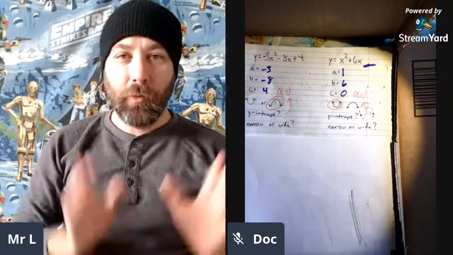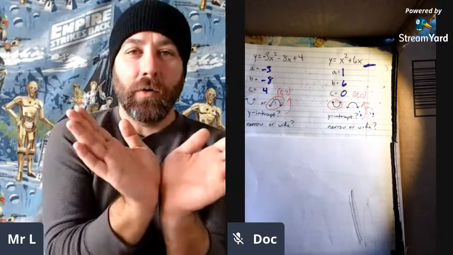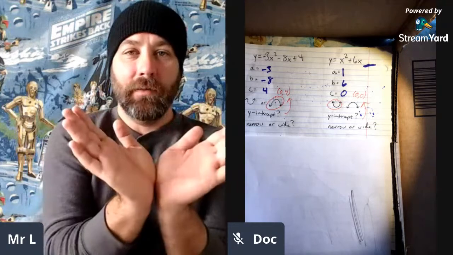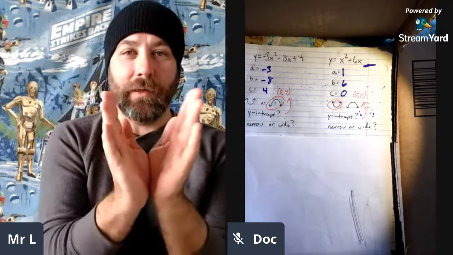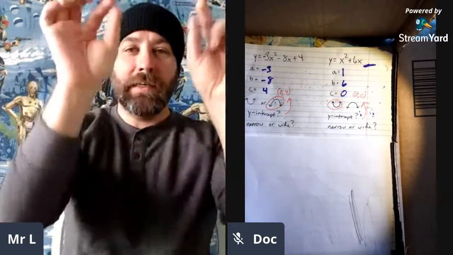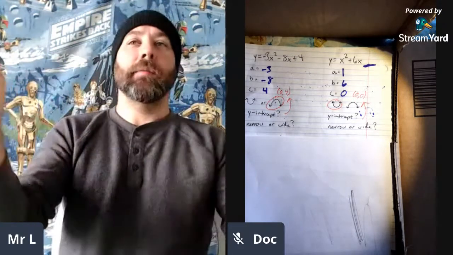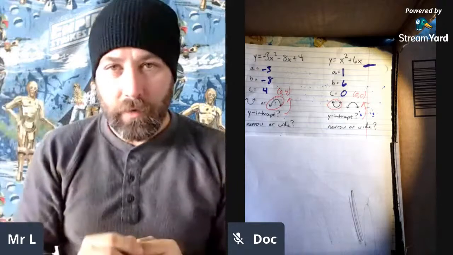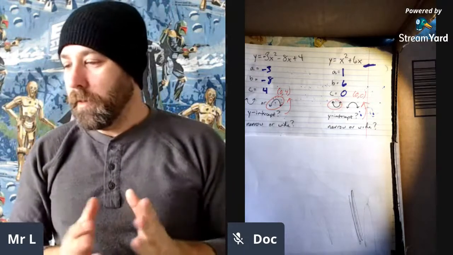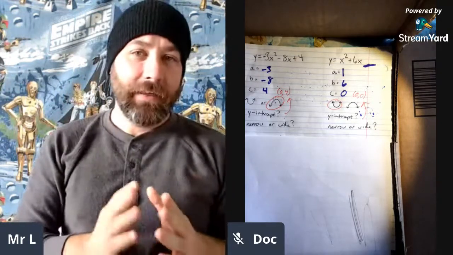A will tell you if it opens upward or downward. A can also tell you if it's going to be skinny or wide as far as what the arms of the parabola are doing. Are they narrowly increasing or decreasing, or are they taking their time to turn upward in the parabola? Well, the key is, as A gets bigger, the more narrow it gets.